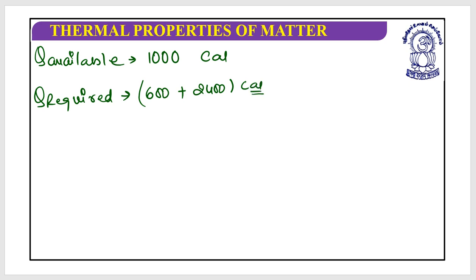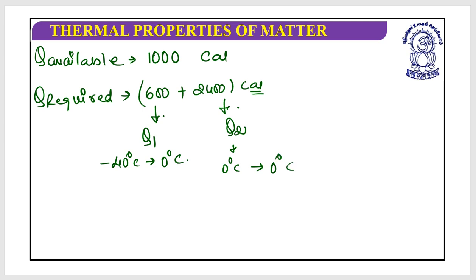So what I understand is this 600 calorie, this Q1, has been used for minus 40 to 0, and this 2400 has been used from 0 degrees Celsius ice to 0 degrees Celsius water. You now understand that 0 to 0 means mL has played its role.